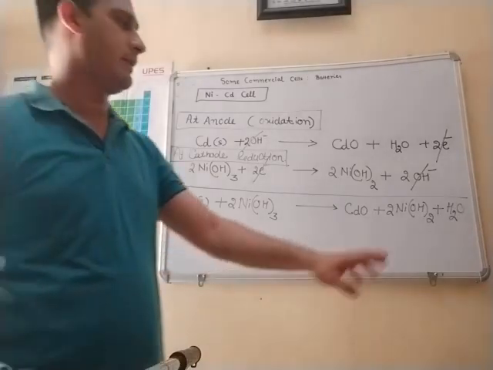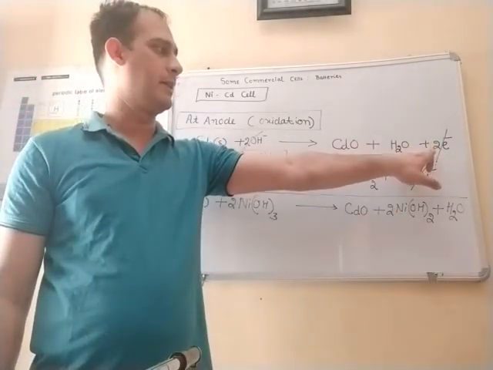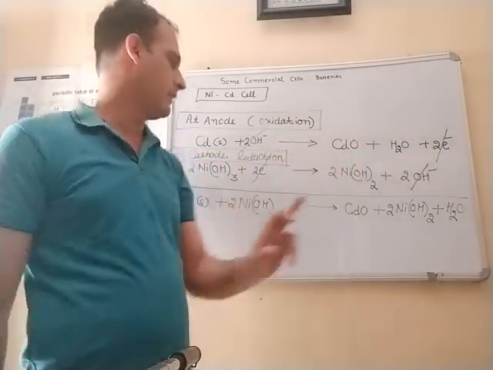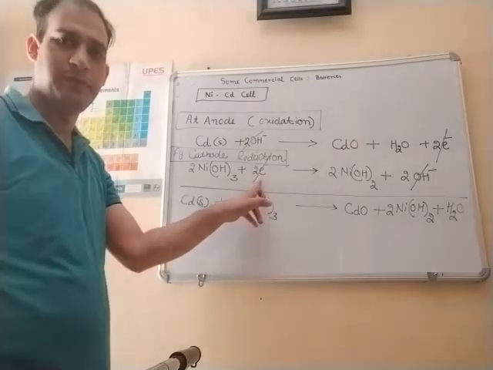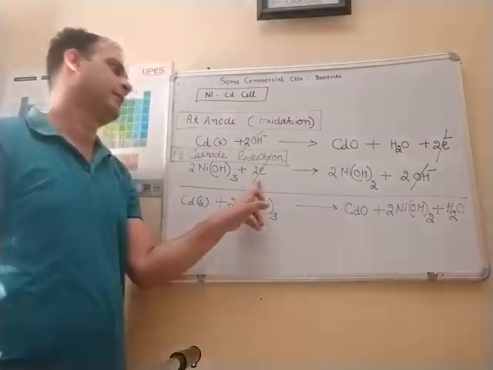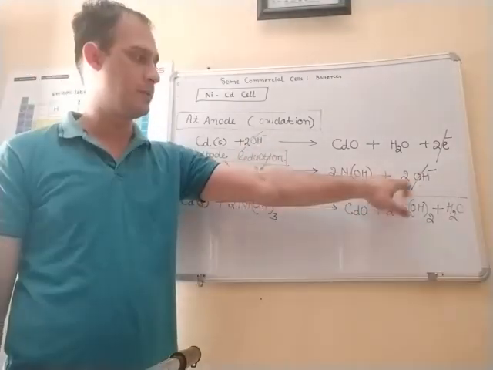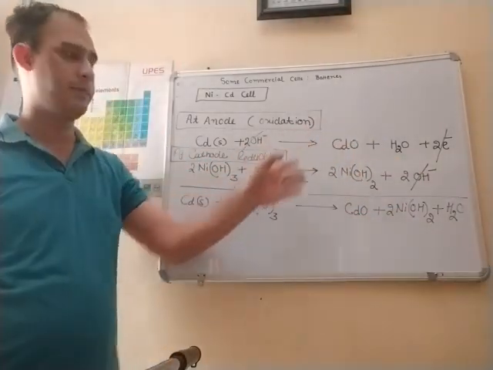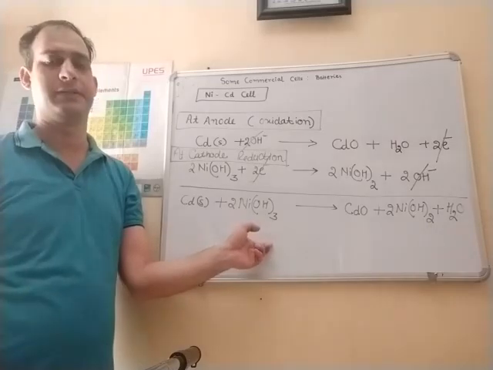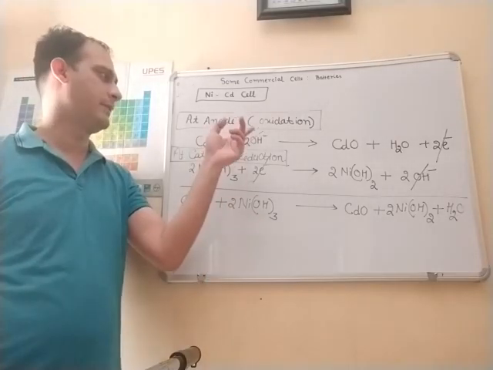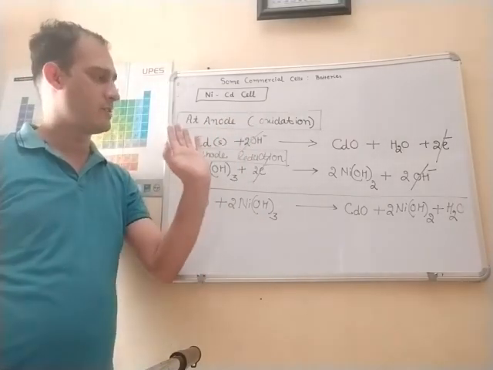Now you can observe that 2 electrons are produced and these 2 electrons will be consumed here, while hydroxyl ions which have been consumed here, they have been produced here, so they will also be cancelled out, and here we will write the overall redox reaction. You can add this oxidation half and a reduction half reaction.